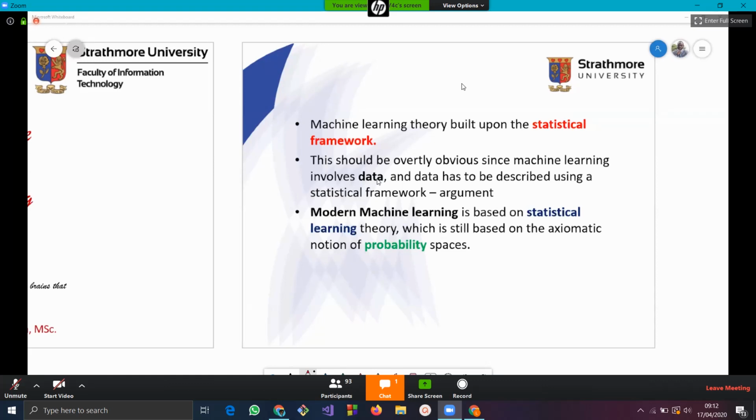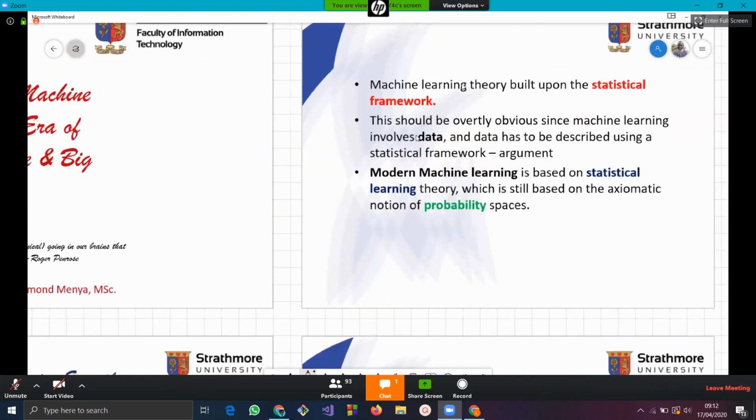It's well defined that statistics is the science of data. So modern day machine learning is based on statistical learning theory. That's why you learned a lot of statistics and probability. That is what I call statistical machine learning.